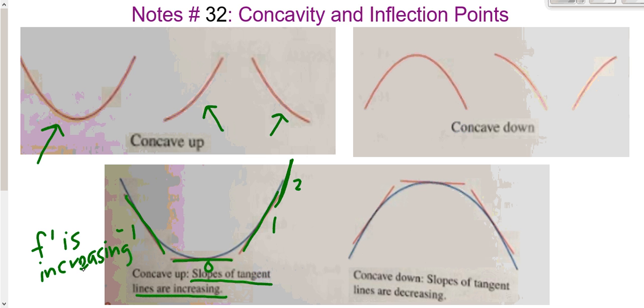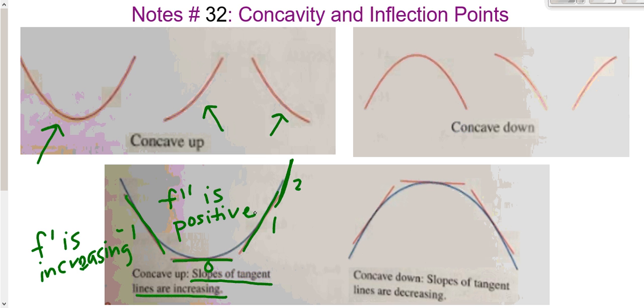Okay, if f prime is increasing, then its derivative is positive. So that means the second derivative, f double prime, is positive. So if your function is concave up, the second derivative is positive.